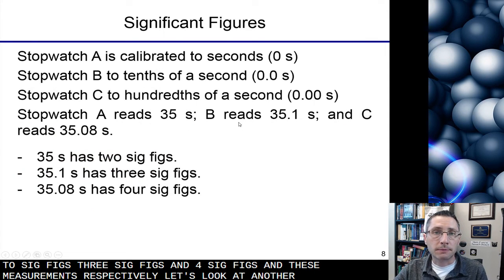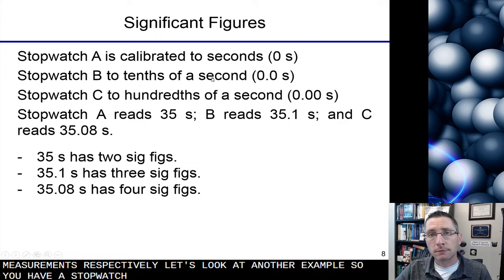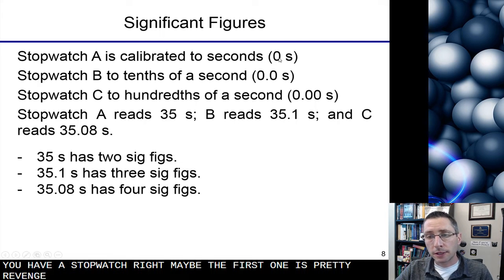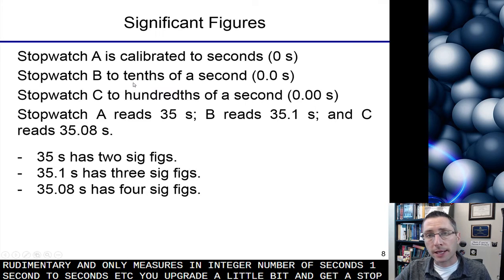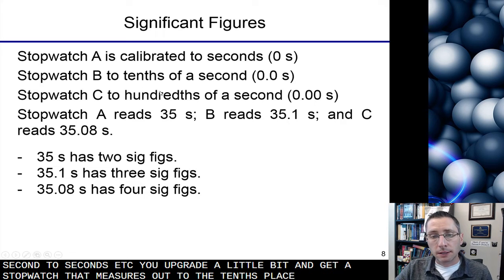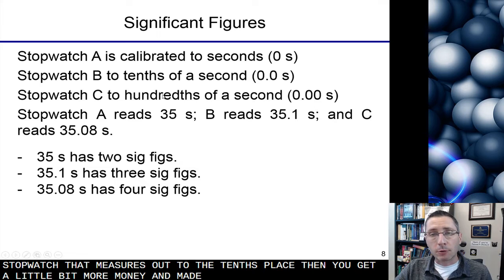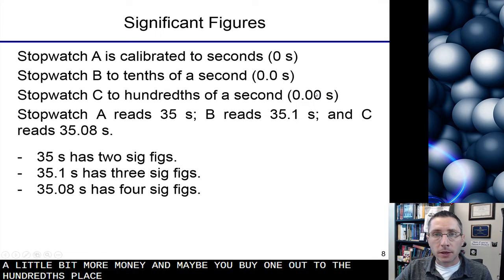Let's look at another example. Say you have a stopwatch. Maybe the first one is pretty rudimentary and only measures an integer number of seconds, 1 second, 2 seconds, etc. You upgrade a little bit and get a stopwatch that measures out to the 10th place. Then you get a little bit more money and maybe you buy one out to the 100th place. So you all measure some sprinter running a certain distance.